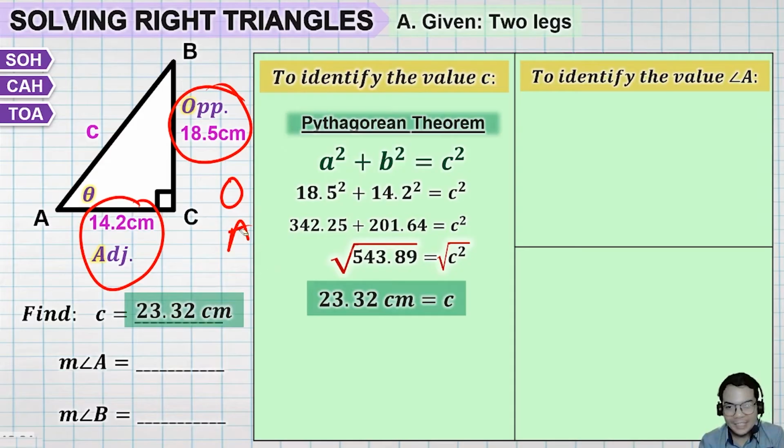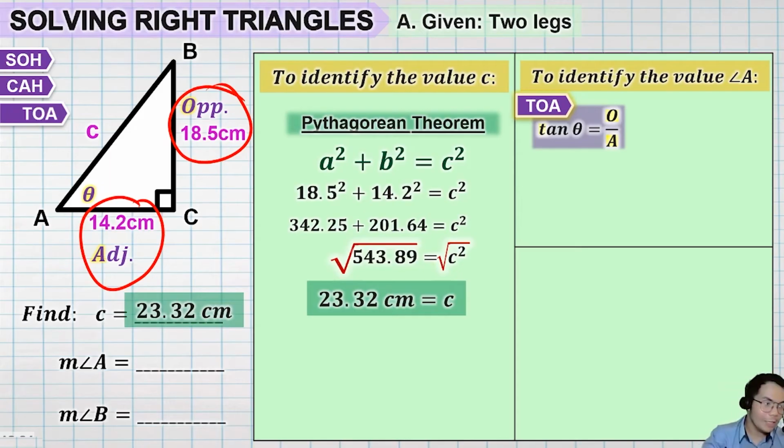Ayan, si tangent function yung gumagamit ng opposite tsaka adjacent, because in tangent functions or TOA, we have tangent of the given angle theta is equal to opposite over adjacent. So ang opposite side natin ay 18.5 at ang adjacent side natin ay 14.2.